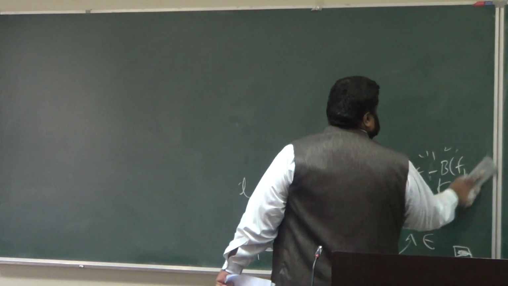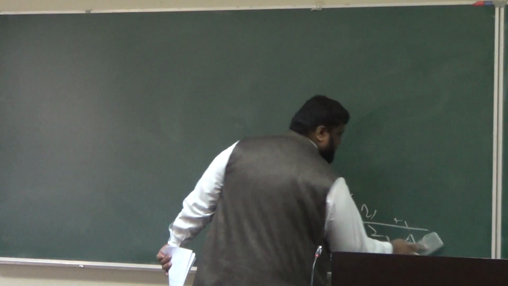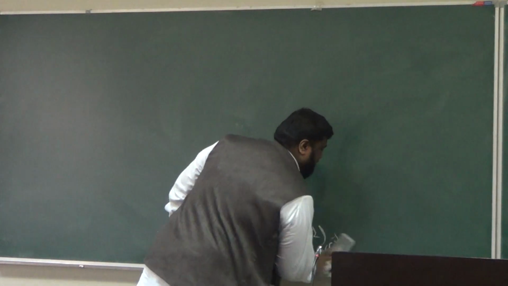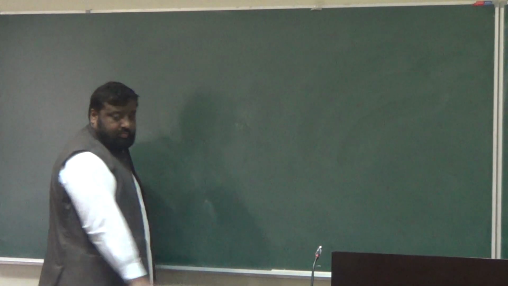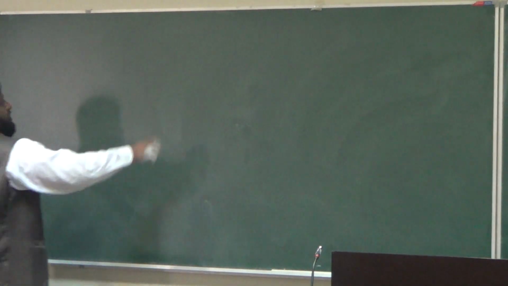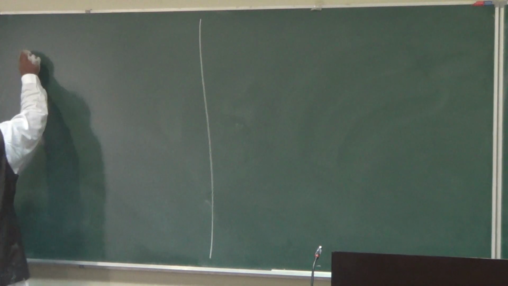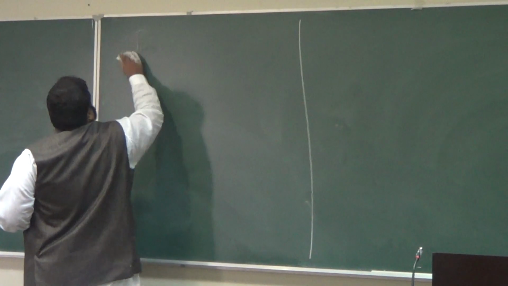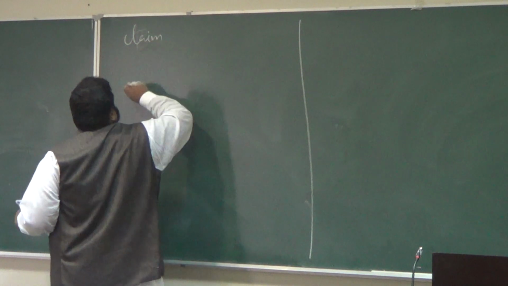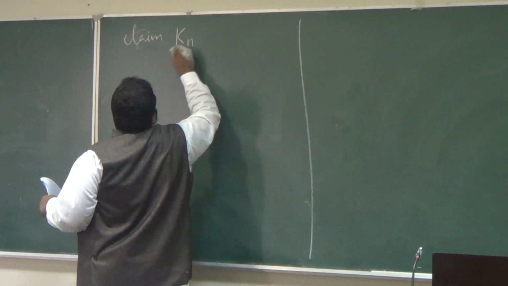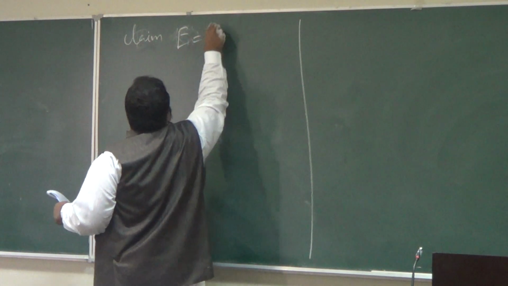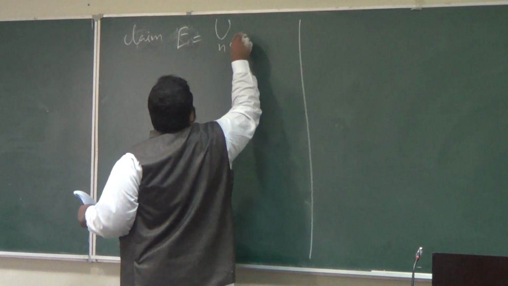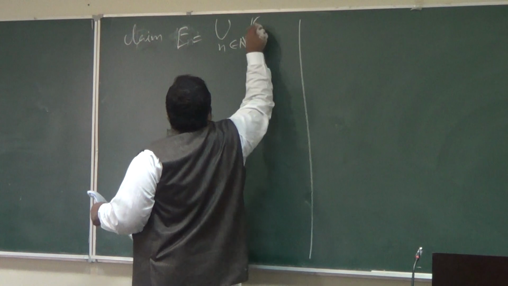The next claim in this proposition is that this whole space E can be written as the union of Kn.